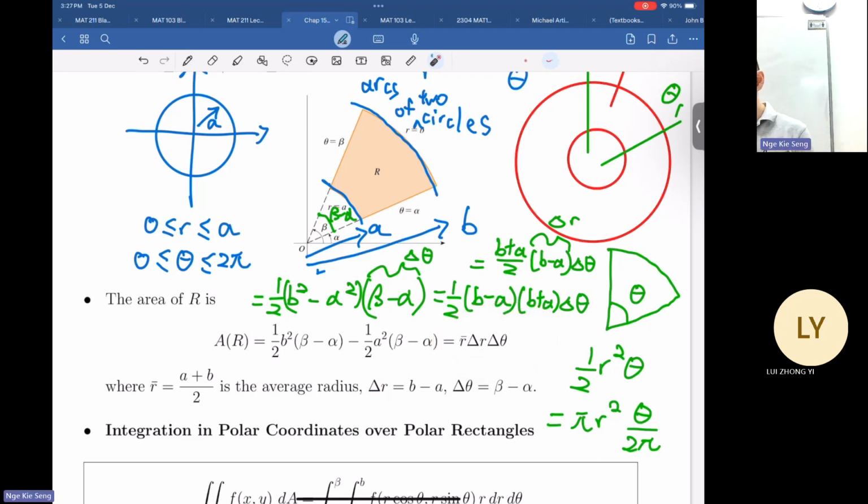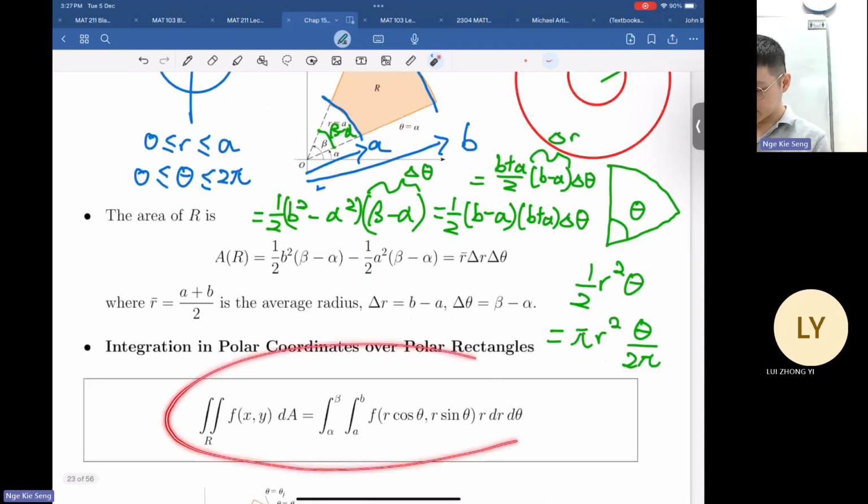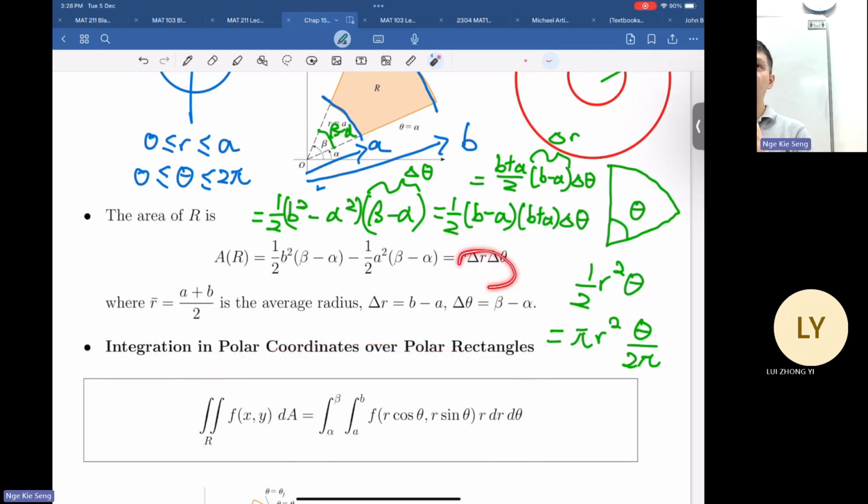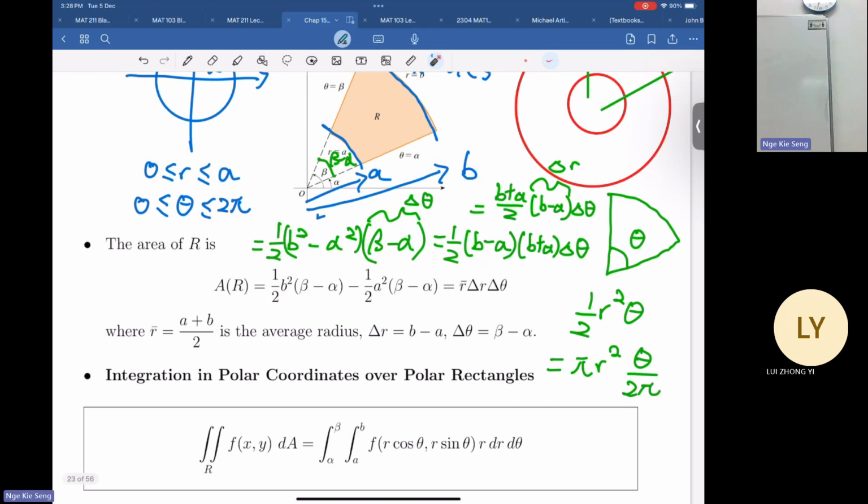So what is this about? This part has something to do with the double integral. It represents the area of a sector. When we integrate over the polar rectangle, we have an extra r contribution here. In a later course, you will learn why this r pops up. But for now, you should remember that there's an r contribution to the area of the polar rectangle. Does that make sense?